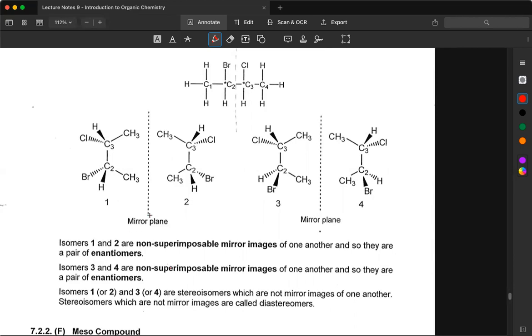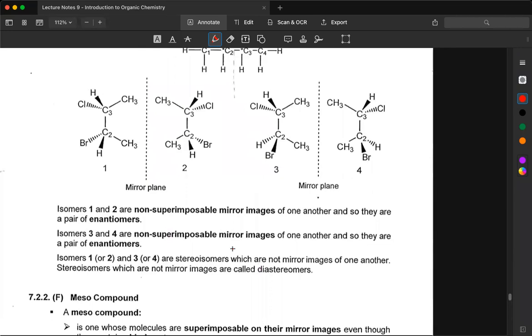But 1 and 3 are stereoisomers that are not mirror images, so they are called diastereomers.